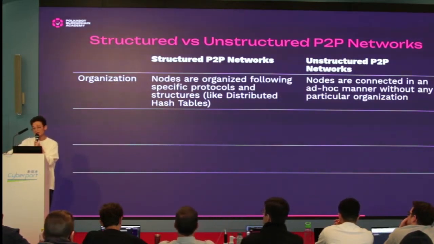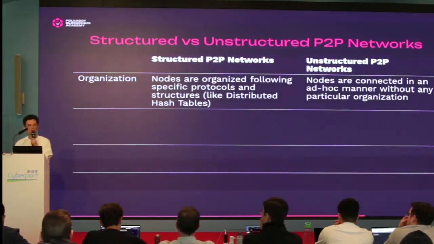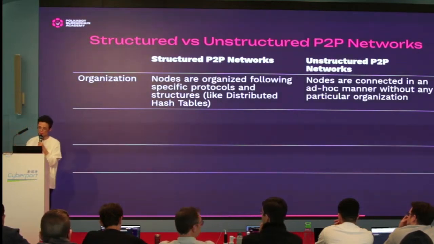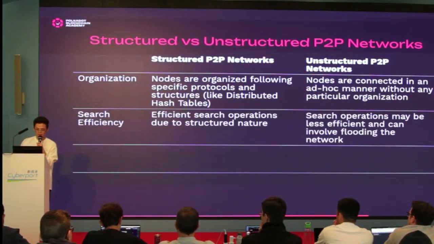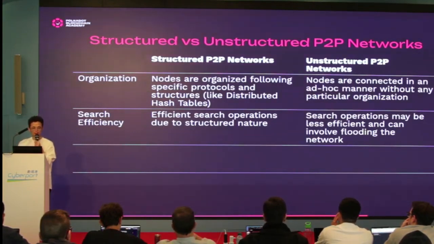But for our blockchain system, we would like higher performance. We would like the system to be stable, so we have a kind of structured network. Regarding search efficiency, the search efficiency of a structured peer-to-peer network will be higher due to its structured nature.